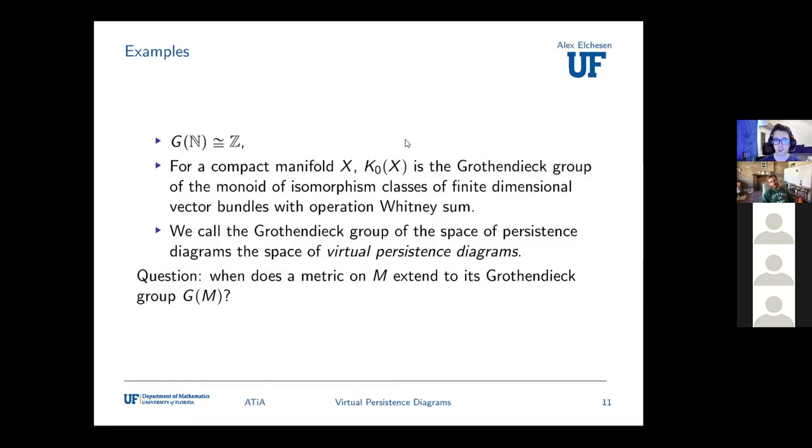So I think this construction was probably around before Grothendieck, but it's named after him for the next example, which is for a compact manifold, you can consider the 0th K theory. Basically you take isomorphism classes of vector bundles with Whitney sum, and you take the Grothendieck group and you get virtual vector bundles, and that's the main object of study in topological K theory.